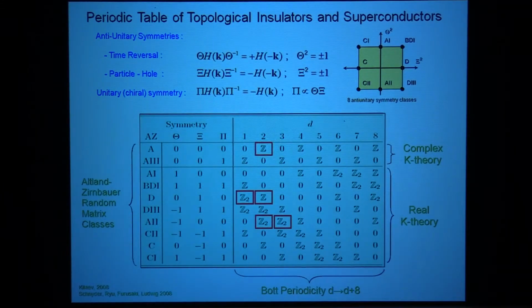When you do the BDG transformation, it seems that the chiral symmetry is always there automatically. No. The symmetry that's always there when you do BDG is the anti-unitary, the particle-hole symmetry. So in general, if you don't have time reversal symmetry, then you don't have to have the chiral symmetry in a topological superconductor.